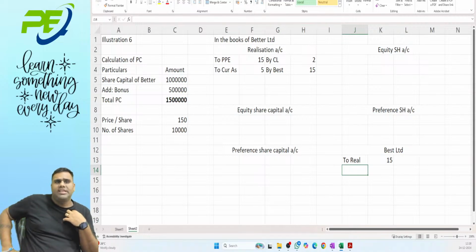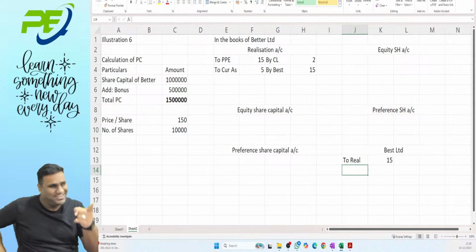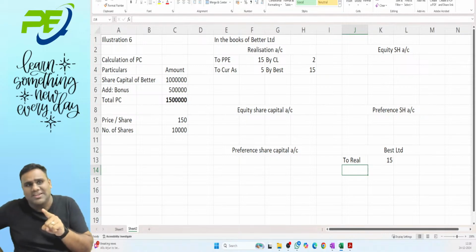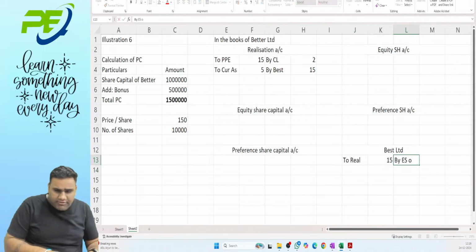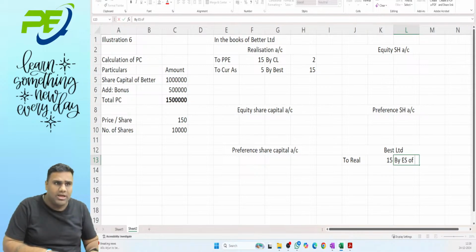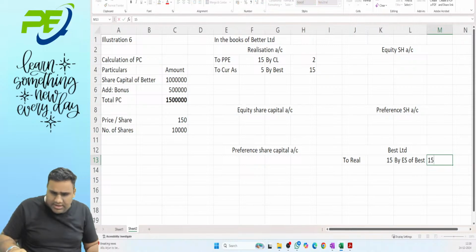Cash is coming here, but there is no cash. Yesterday I said we will make this mistake. Yes or no? Equity shares of Best to Best Limited. So here by equity shares of Best, how much? 15 lakh.